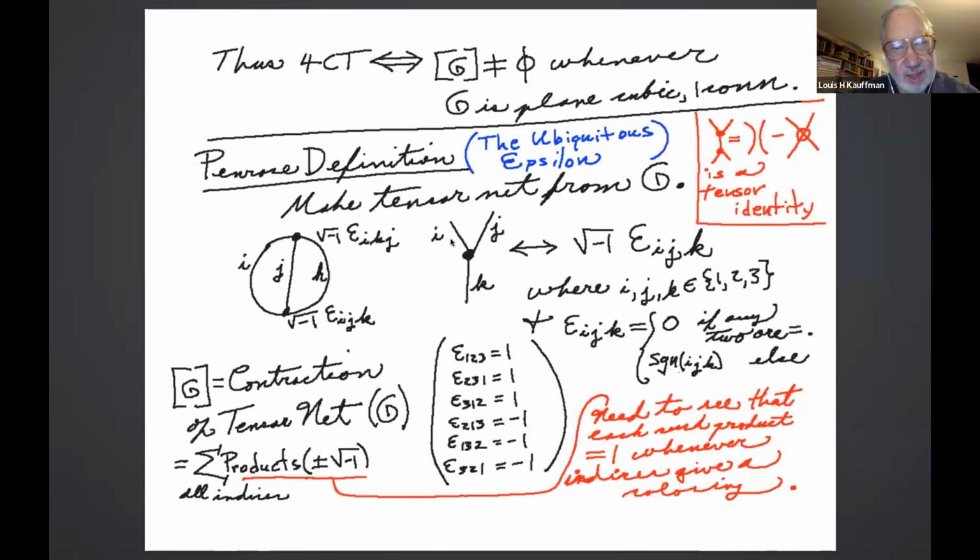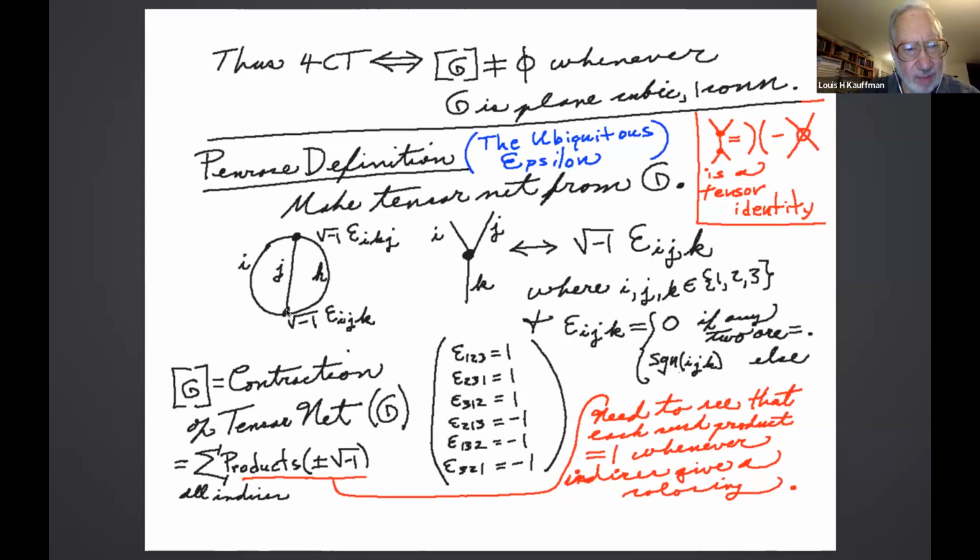So the permutation sign can be thought of as read from going around clockwise in the diagram I, J, K. If you saw a 1, 2, 3, then this would be a plus I, and if you saw a 1, 3, 2, it would be a minus I. So then Penrose labels tensors on the graph.